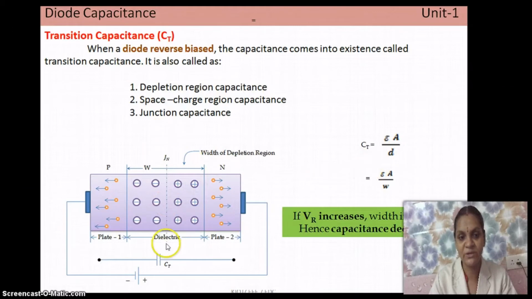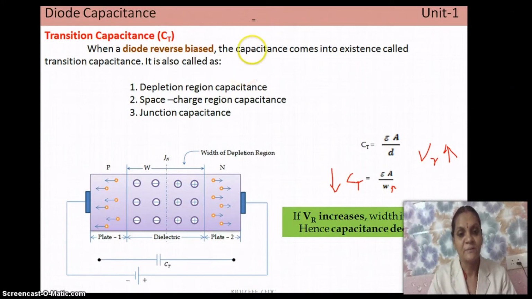The transition capacitance and the width are inversely proportional, so if the width increases, the transition capacitance decreases. So if VR increases, width increases, and transition capacitance decreases. Keep it in mind, transition capacitance is the capacitance in the diode under reverse bias.